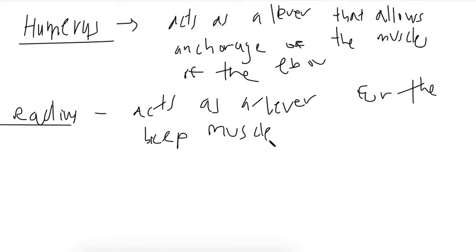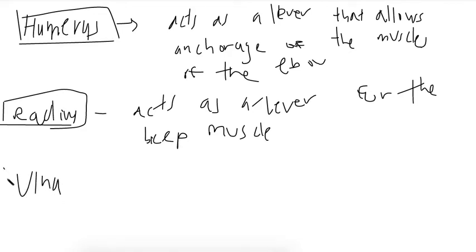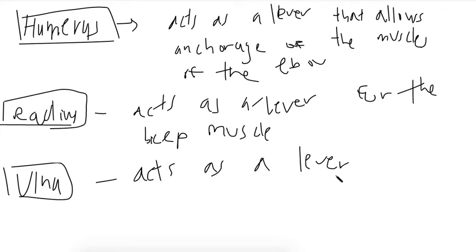So as we could see in the previous, the bicep muscle contracts in order to cause flexion of the arm, and the radius acts as a lever for the bicep muscle. And then we have the ulna, and it acts similarly as a lever for the tricep muscle. So this is already tying together the radius and the bicep muscle and the ulna to the tricep muscle.